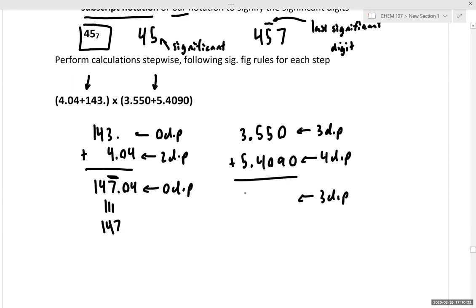And that in turn gives us 8.9590, which in turn we round to 3 decimal places, which gives us 8.959. We don't have to use bar notation because the 0 does not affect our calculations if it's a trailing 0.